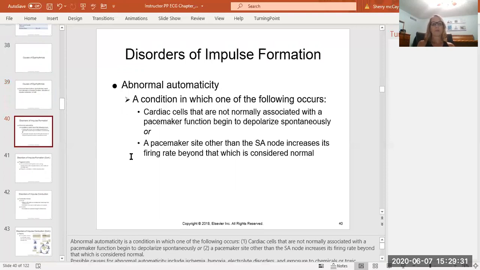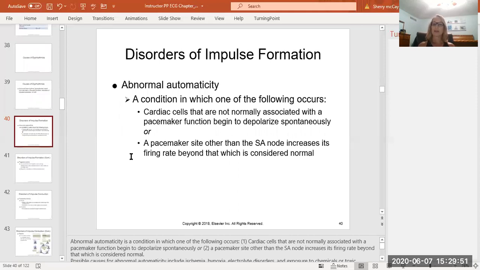Okay, so abnormal automaticity is a condition in which one of the following occurs. Cardiac cells that are not normally associated with a pacemaker function begin to depolarize spontaneously. Okay, they're not staying with the rhythm. All of a sudden, spontaneously, they depolarize.